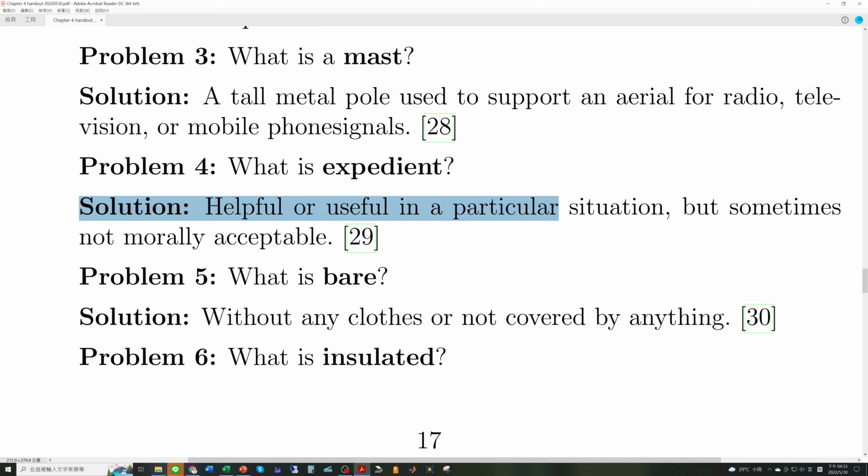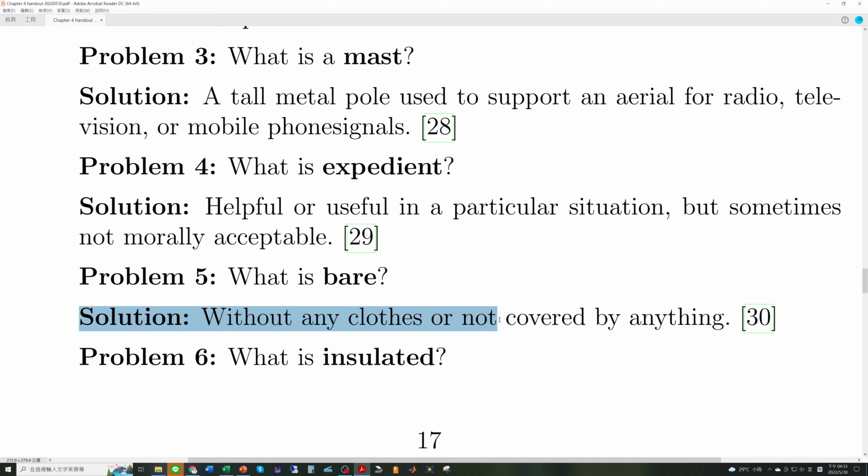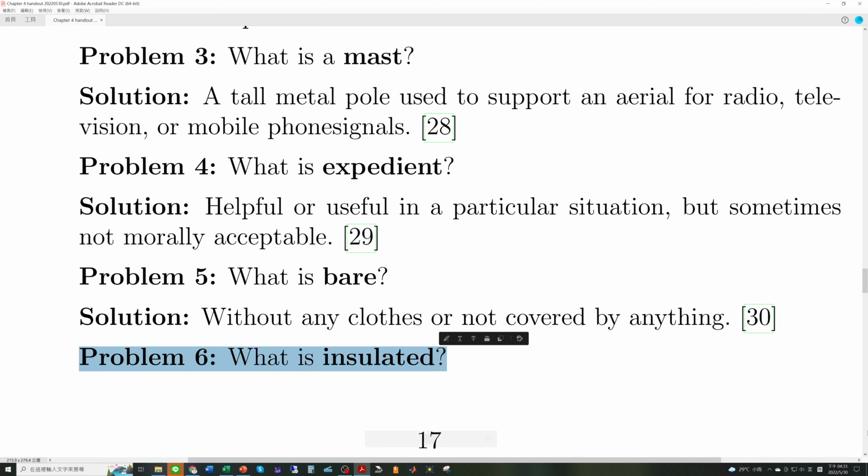Helpful or useful in a particular situation, but sometimes not morally acceptable. Problem 5, what is bare? Solution. Without any clothes or not covered by anything. Problem 6, what is insulated?